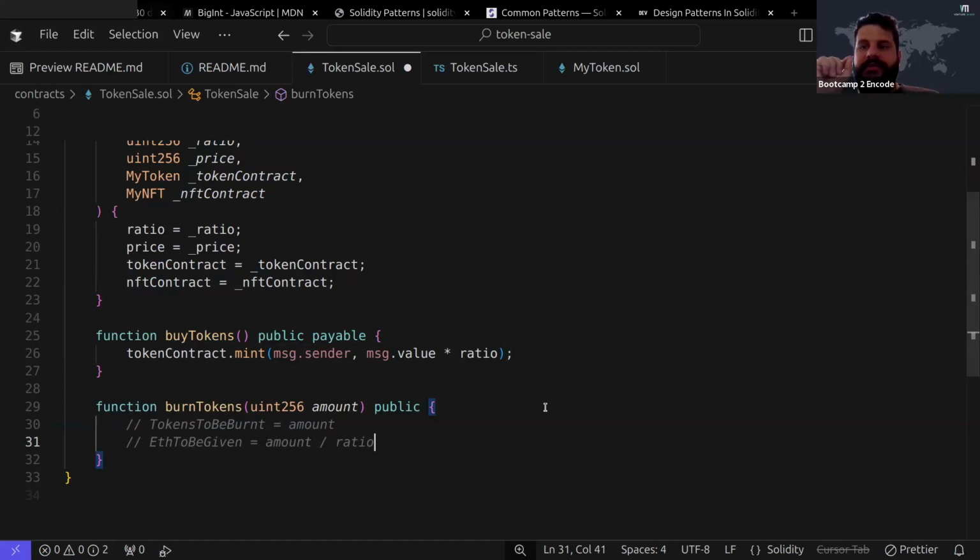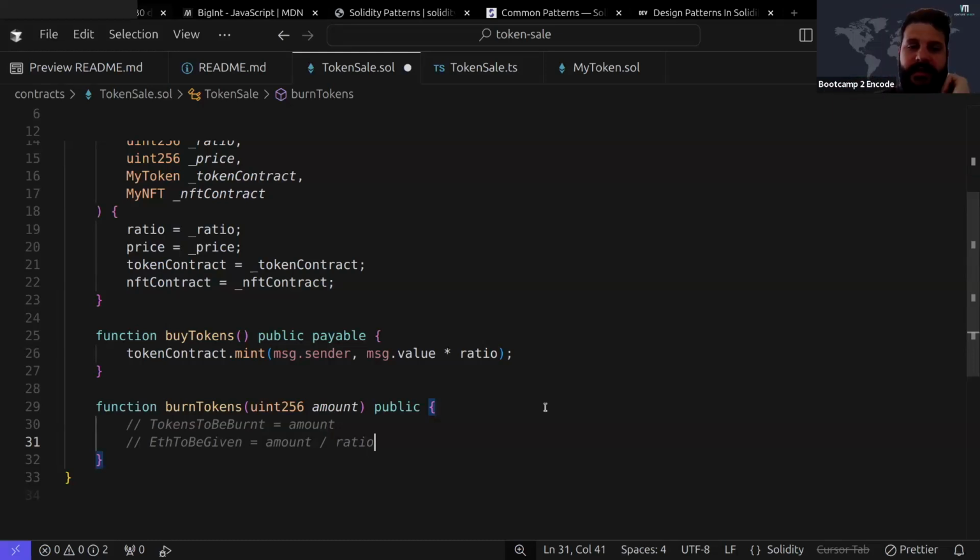I'm going to burn 9 away, for example. How much am I going to receive back? 9 divided by 10 in Solidity, how much is it? 0. I'm going to receive 0 back. This can lead to attacks and errors.